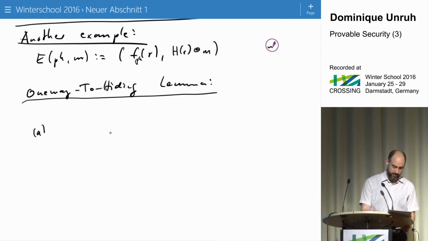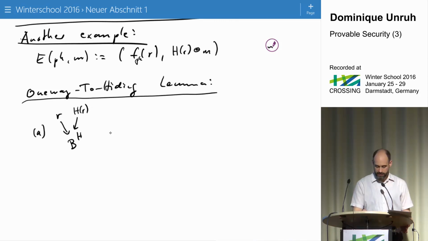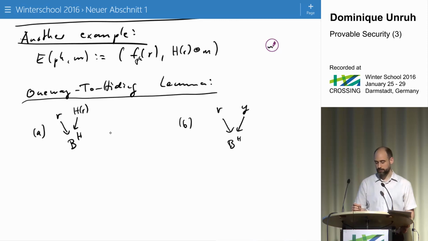It says if you have two settings, one setting is some algorithm B with random oracle H, and it gets input r and h of r, to make it match the variables above, and a setting where this algorithm gets r and just some random y, so two random values.